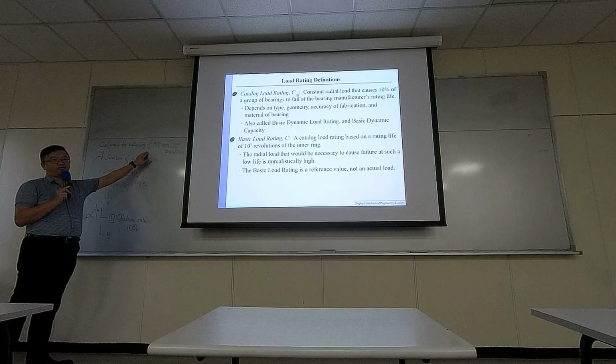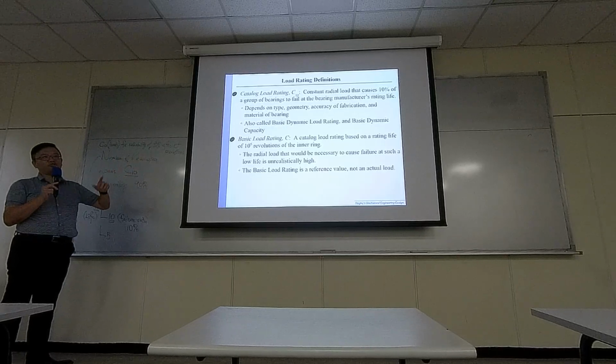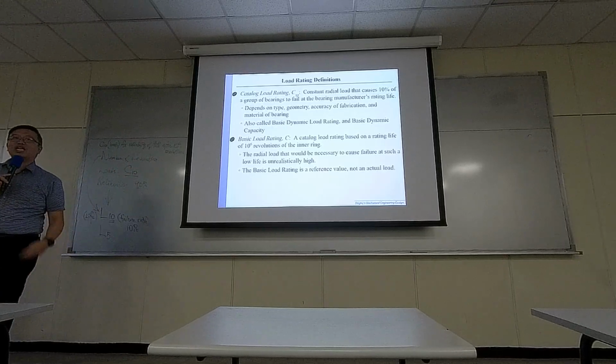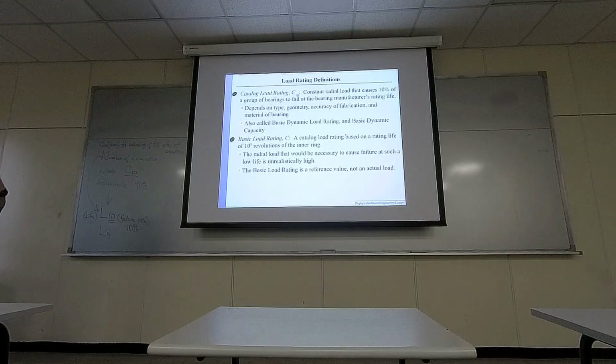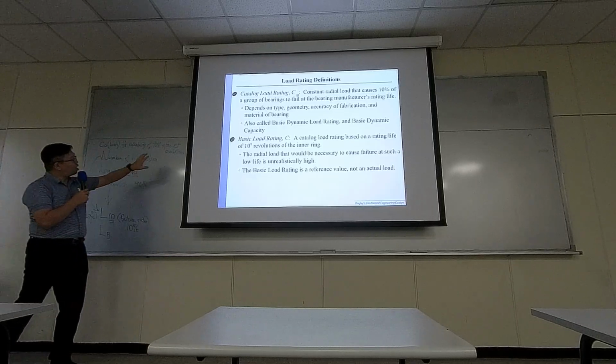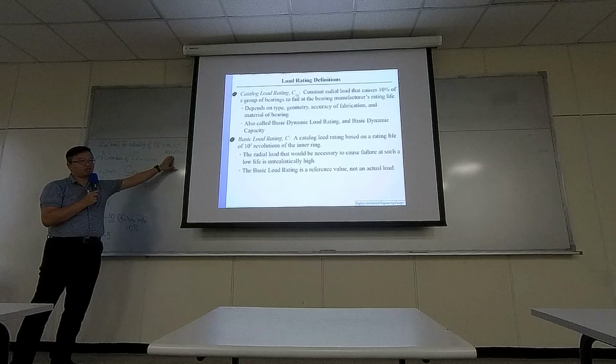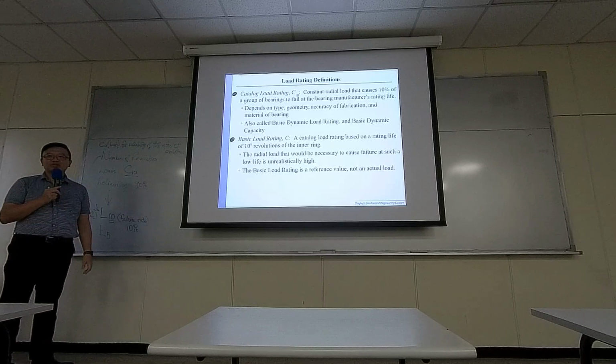So 10% will fail, which means 100 pieces will fail. That's the rating. That's how the manufacturer tells you how strong the bearing is: if you carry this amount of load, working for this amount of cycles, 10% fail.